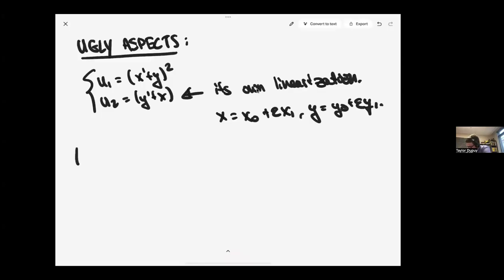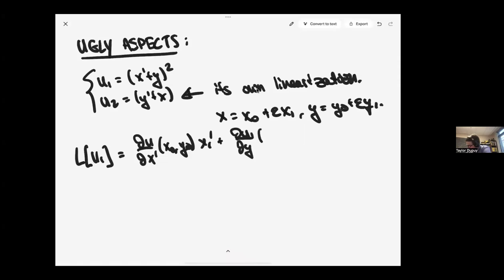But let's look at the linearization of U1, right? What we do is we do this at x prime, but we evaluate at x0, y0, x1 prime, dU1/dy at x0, y0, y1.